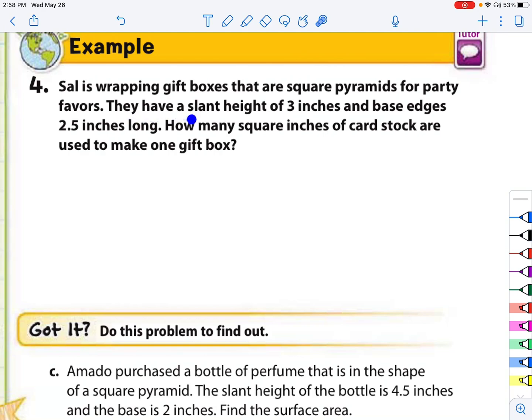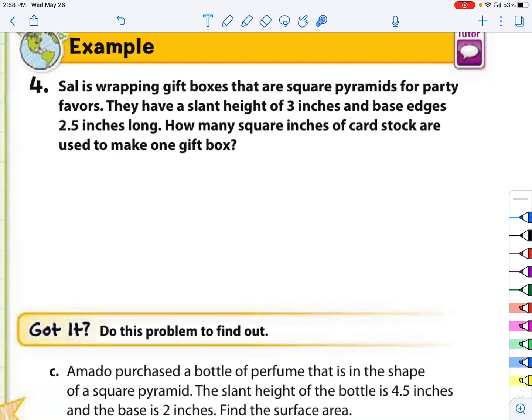They have a slant height of 3 inches and base edges 2.5 inches long. How many square inches of cardstock are used to make one gift box? This is a classic example of a real world situation where we apply the formula for the surface area of a pyramid.